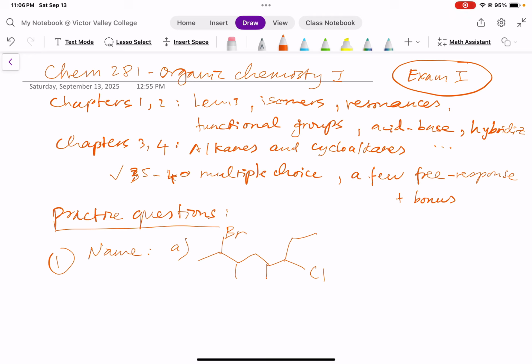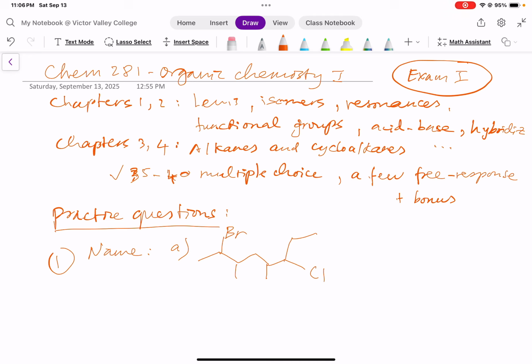How do we name this? Okay, the most important thing is to figure out the longest continuous carbon chain and number the carbon starting on the end, or the side, that's closer to the first branch.